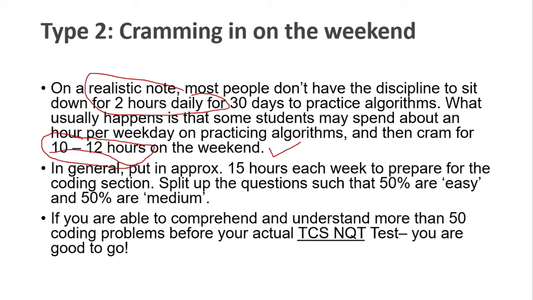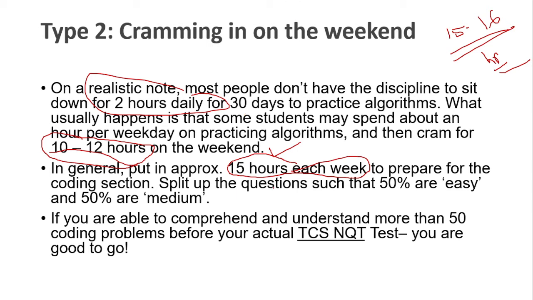In general, put approximately 15 hours each week into preparing for the coding section. At least 15 to 16 hours per week you need to spend on the coding section. Split the questions such as 50% easy and 50% medium.